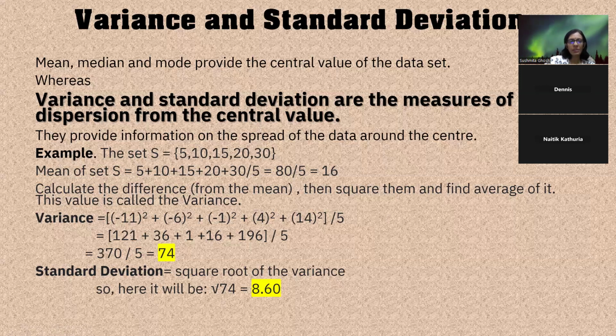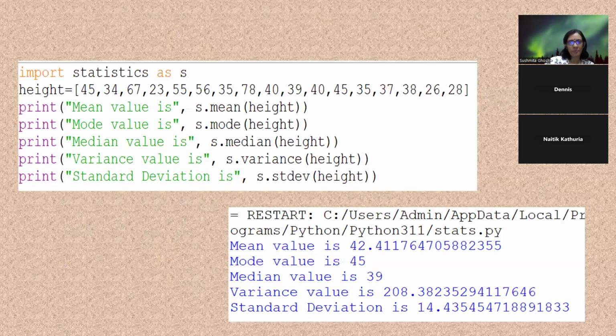So these are the two categories of dispersion, variance and standard deviation, and this is the way we calculate it. And in simple terms, these are the direct ways of calculating your central tendency values and variance and dispersion values, I should say, using your code.